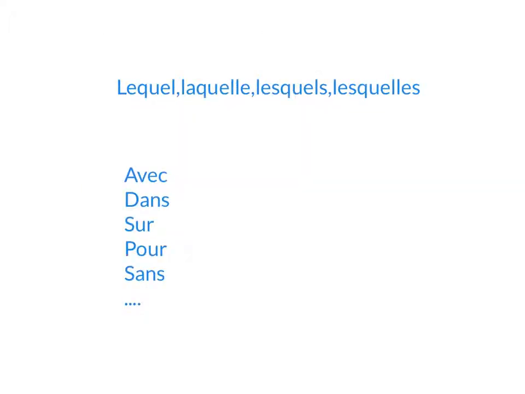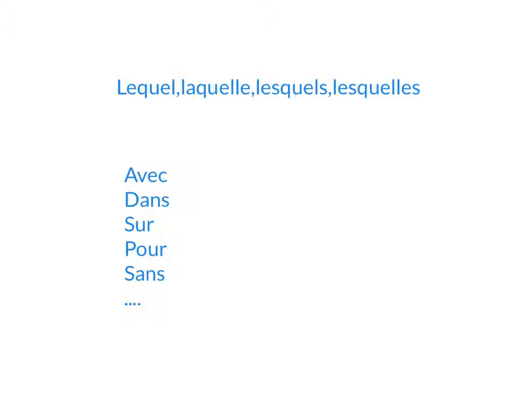So, with the two previous groups, we had a preposition. The preposition was de, so we use duquel and so on, or à, and we used auquel ou à laquelle, etc. But there are more prepositions, which can be, I've listed some here, avec, dans, sur, pour, or sans. Sans means without.